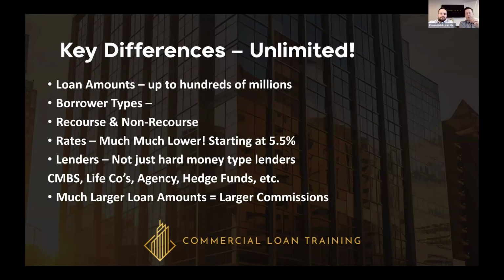But here's why this makes a difference. When a client comes to you, maybe they've been a client of yours doing residential loans, or a referral network source of yours, whatever it might be, and they say, "Hey, I've got a commercial loan. It's a retail strip center. It's $5 million. It's a great deal, so on and so forth."